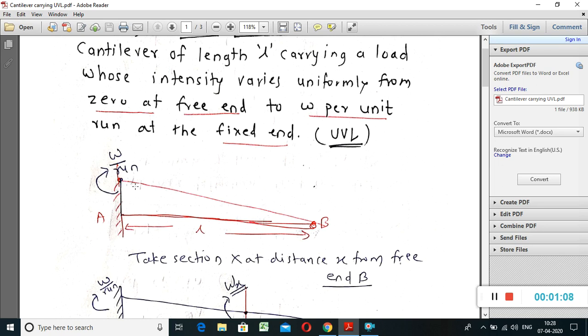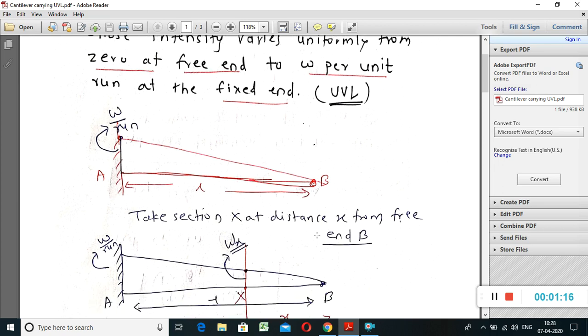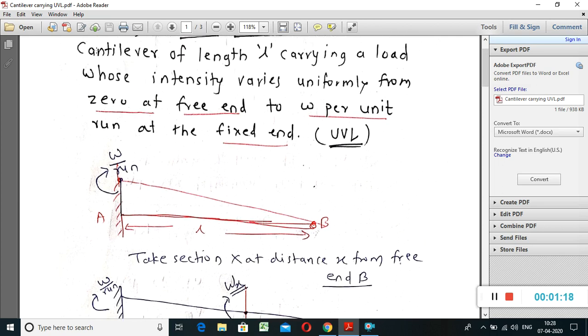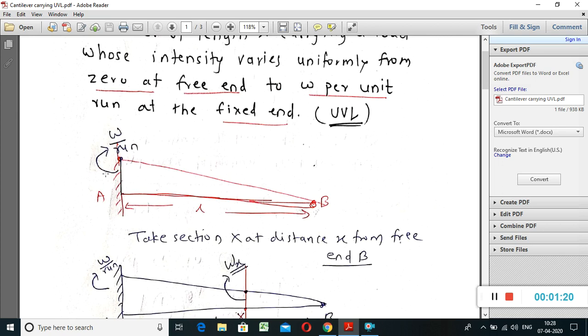That's why a straight line is drawn from A to B, so a right angle triangle will be formed. So we have drawn the cantilever AB of length L, and the load intensity is 0 at the free end B and varies uniformly by a straight line to W per unit run at the fixed end A.